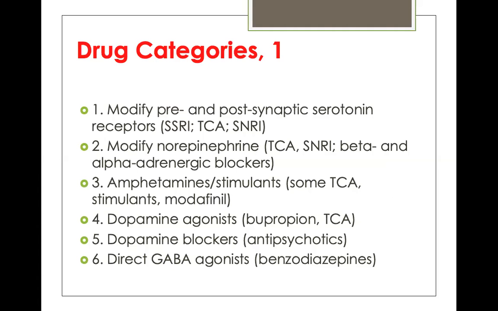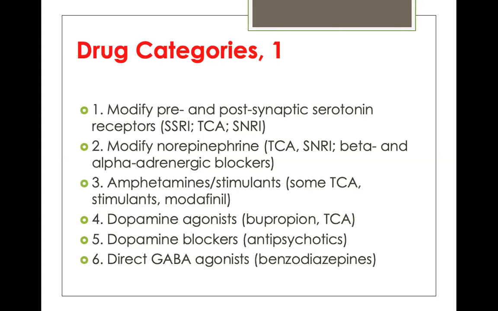So let's think now about what are the actual drug categories. Some drugs modify serotonin receptors, both pre- and post-synaptic receptors. These would include the SSRIs, the tricyclics, and the SNRIs.